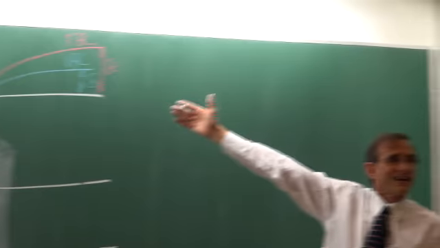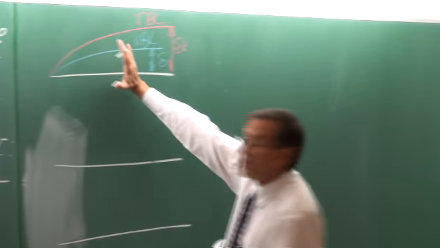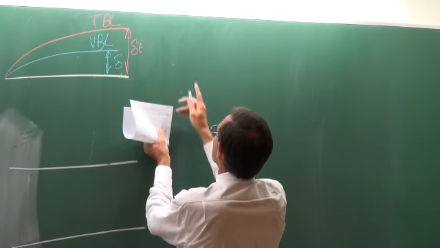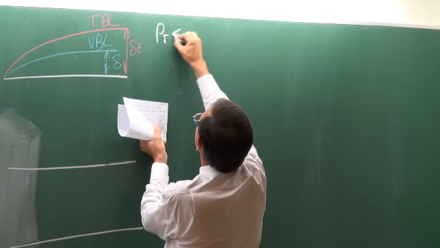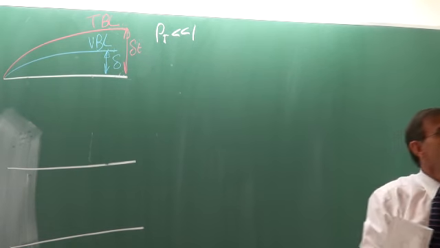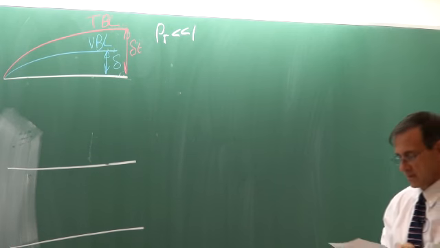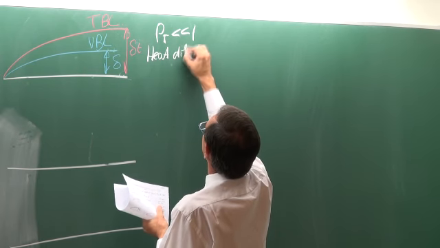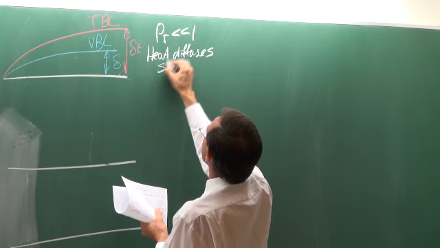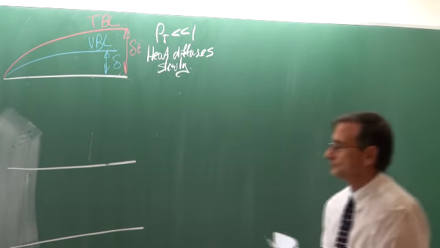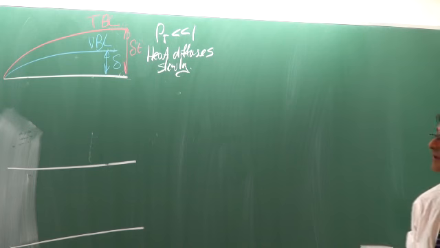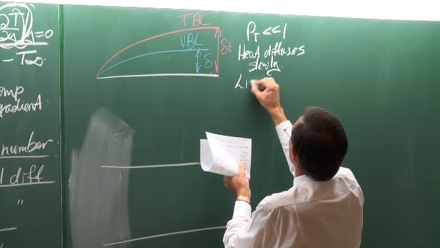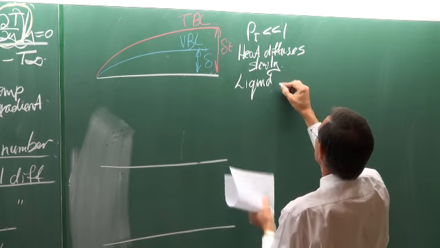What would be the result of a boundary layer like that? The result would be, firstly, that in this case, the Prandtl number would be smaller than 1. It means heat diffuses slowly, and typically we would get this type of behavior when we use liquid metals.